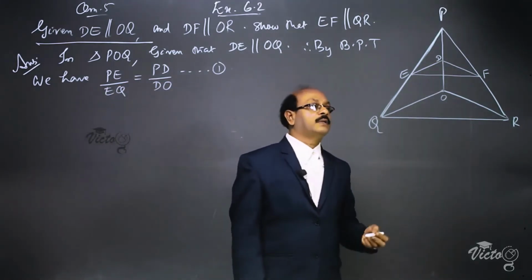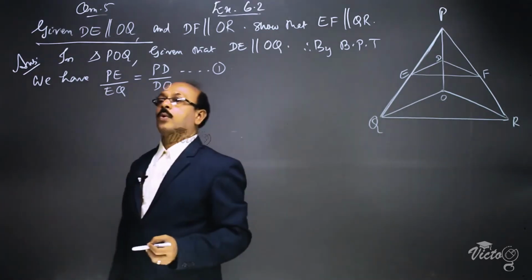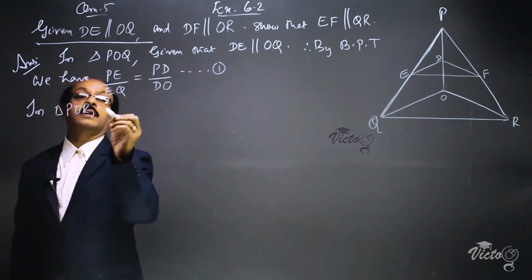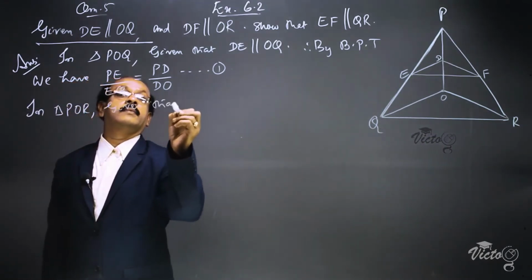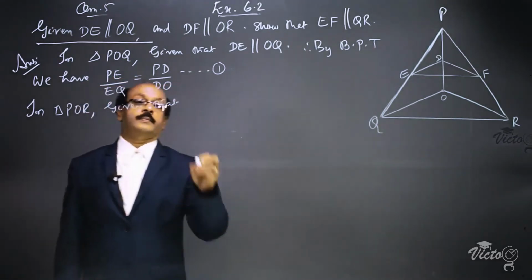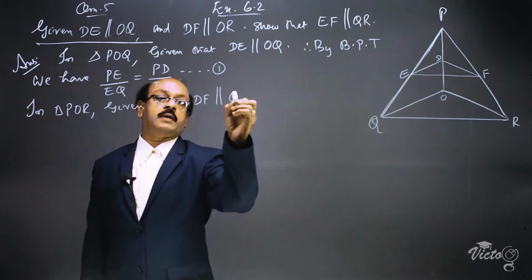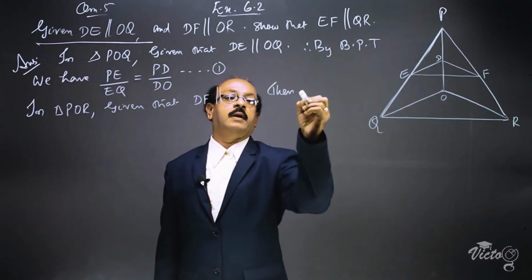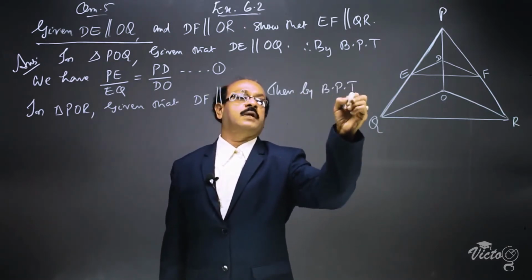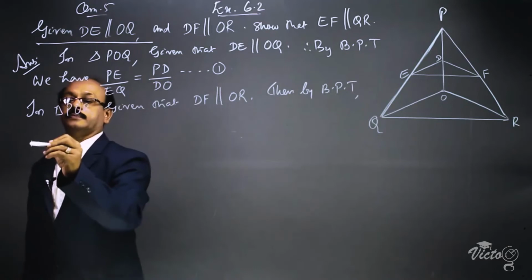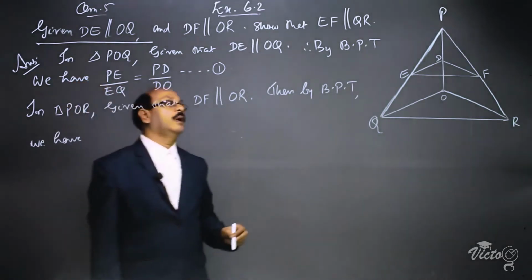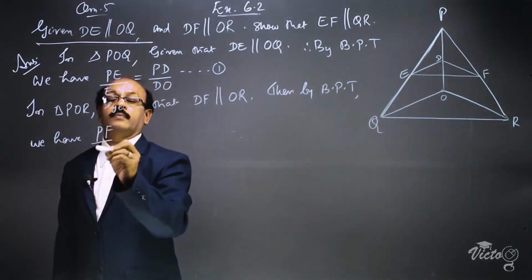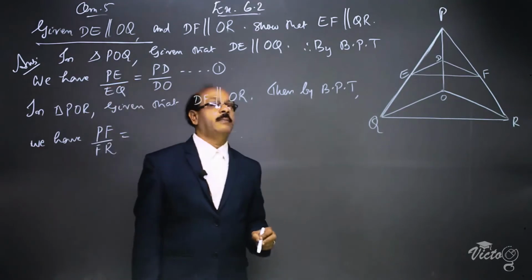Now we are considering triangle POR. In triangle POR, given that DF is parallel to OR, again by the basic proportionality theorem, we have PF by FR is equal to PD by DO.